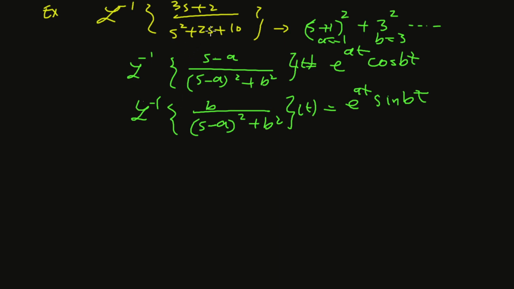So that's what we know so far. Looking at these two and at what we have, it's hard to figure out because you have 3s plus 2. But we can use what we learned in the past with partial fraction decomposition: if you have something like this, it could come from both. So let's set them up that way, then we'll investigate what happens.